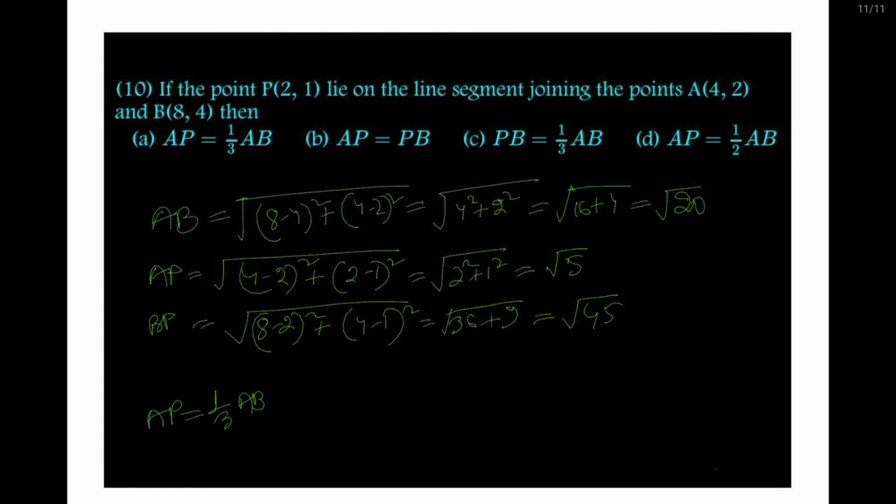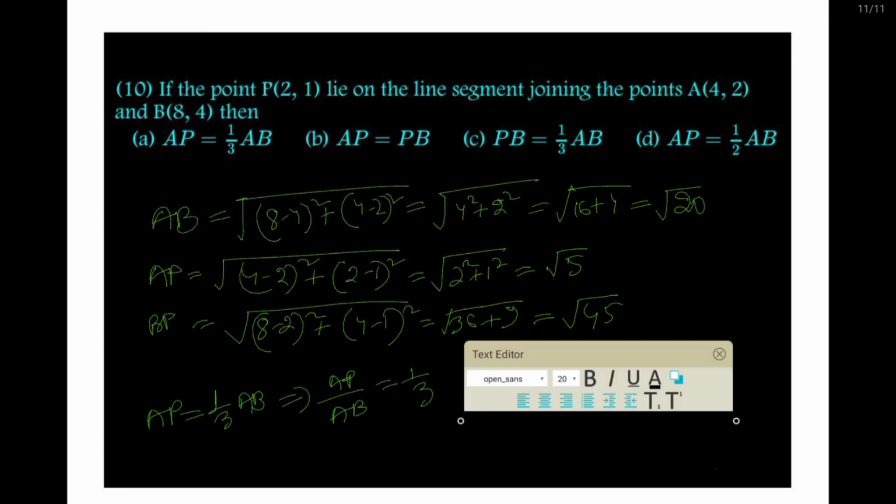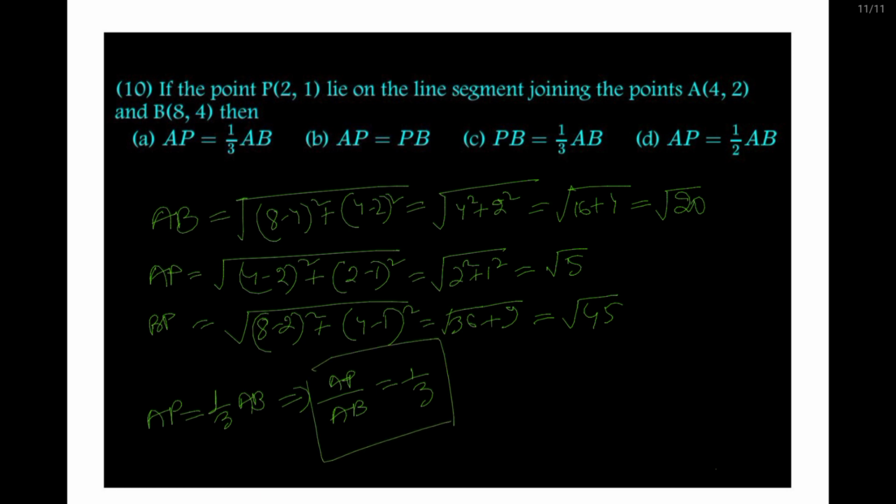So AP is equal to 1 by 3 of AB can also be written as AP by AB is equal to 1 by 3. And now if we find the ratio of these distances, is it equal to 1 by 3? If yes, then the relation is valid.